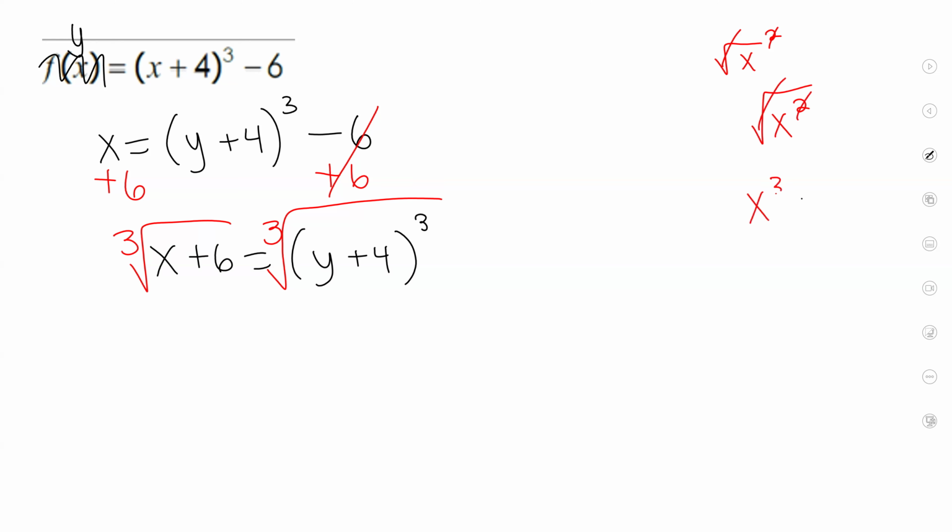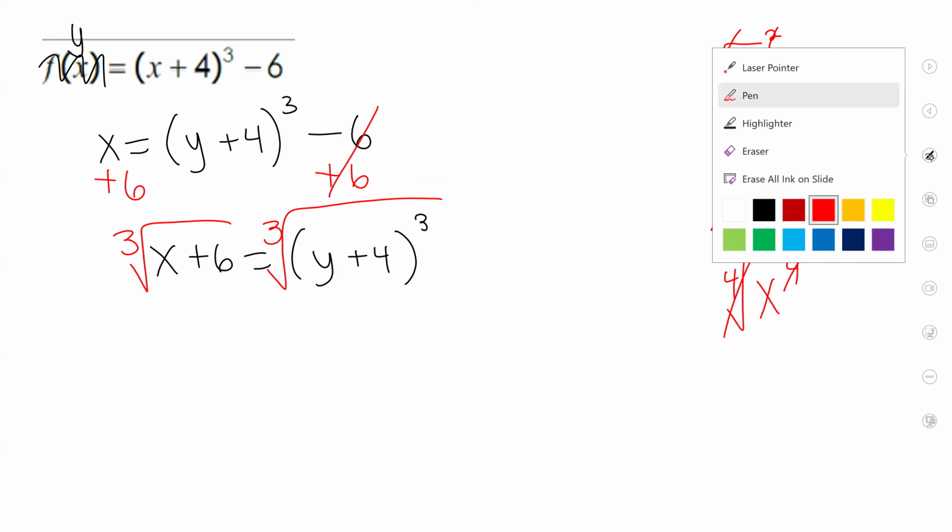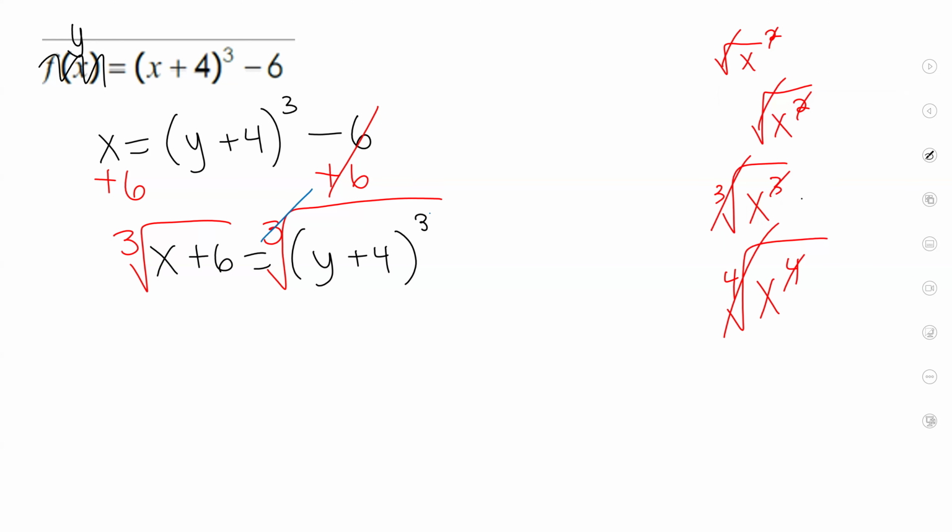If you have a cubed and you cubed root it, that would cancel it out. If you have x to the fourth power, fourth root would cancel it out. Okay? So here, the cubed root cancels out with the cubed. You're left with cubed root of x plus 6 equals y plus 4.